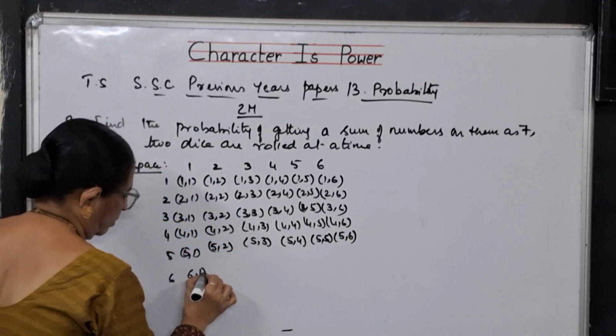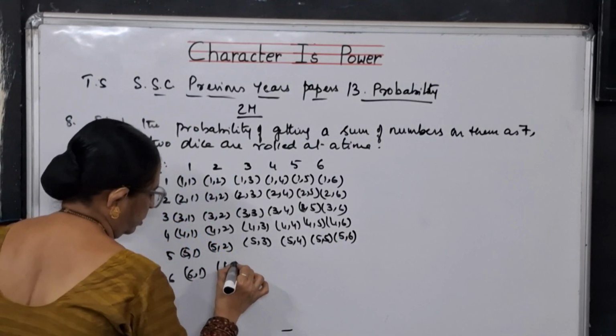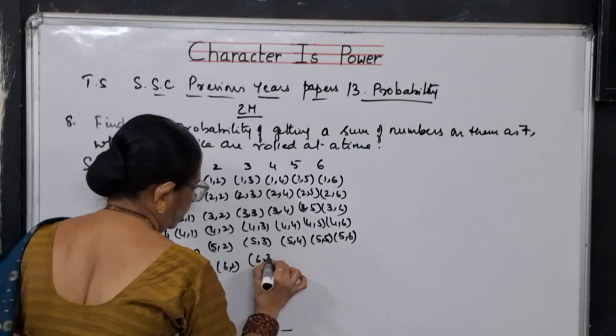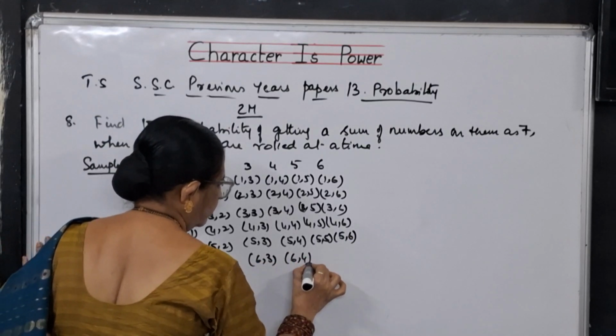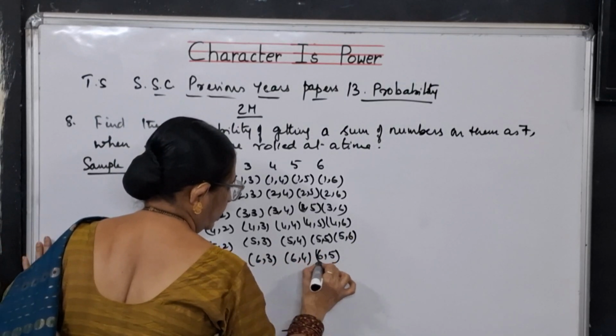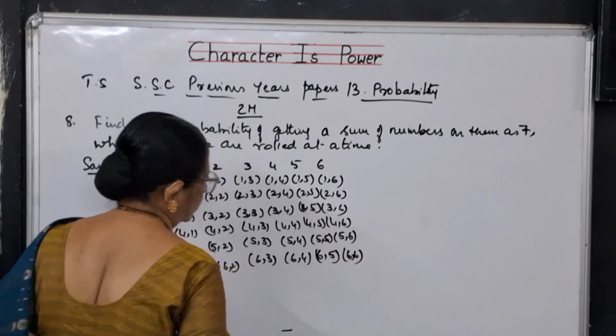Then 6 comma 1, 6 comma 2, 6 comma 3, 6 comma 4, 6 comma 5, 6 comma 6.